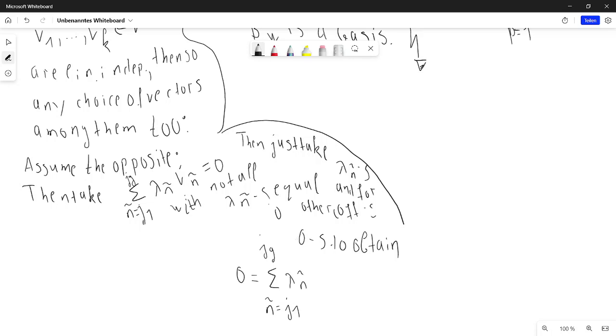And theorem, theorem plus the base b. You just go through the other vectors which are not j, j1, j.